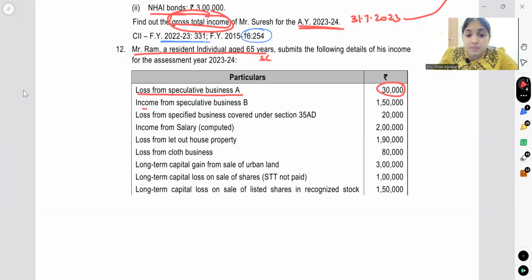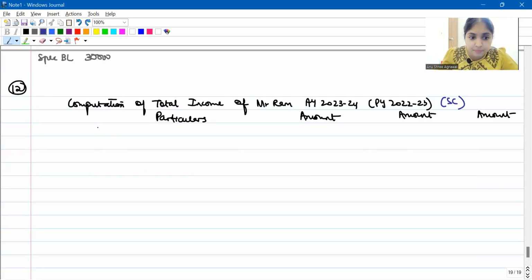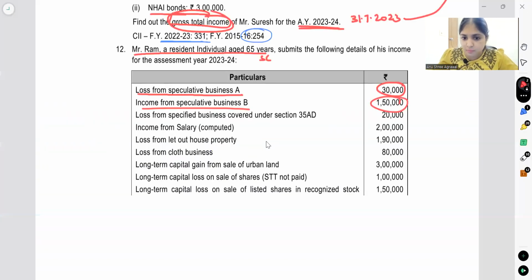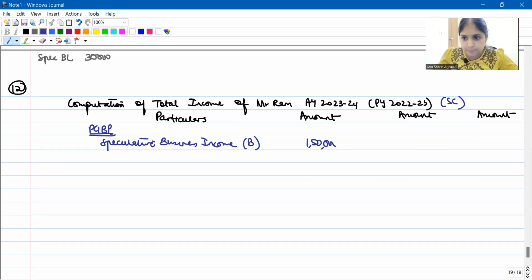Then we have income from speculative business B. This is going to the head PGBP. So under particulars, we will have PGBP. Under this, speculative business income. How much is it? Business B, speculative business income is 1,50,000.